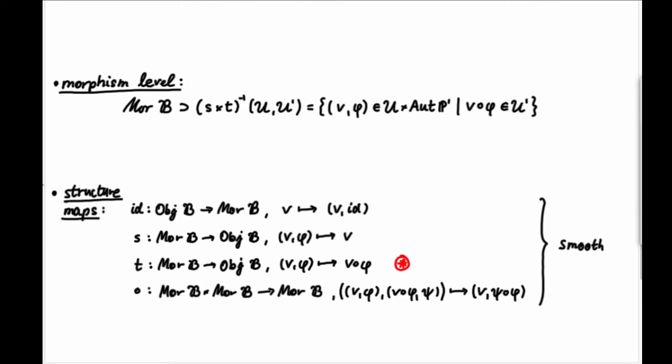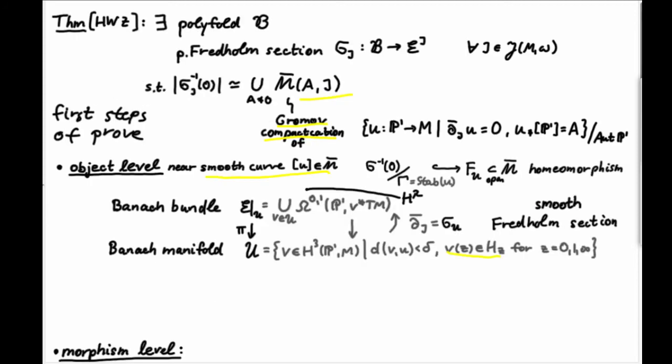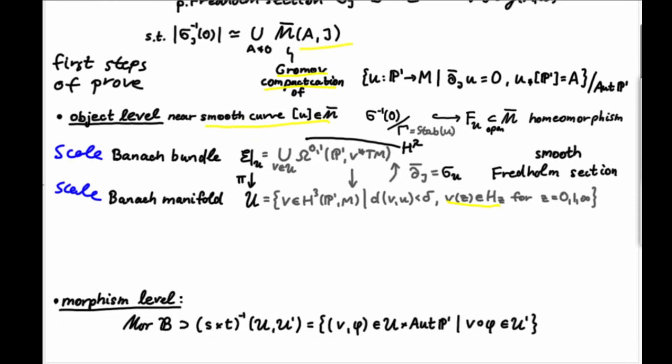this is actually scale smooth. But in order to be able to say scale smooth, I should say that these are not Banach bundles and manifolds, but scale Banach bundles and scale Banach manifolds. And that is not terribly bad. What do I mean by that?